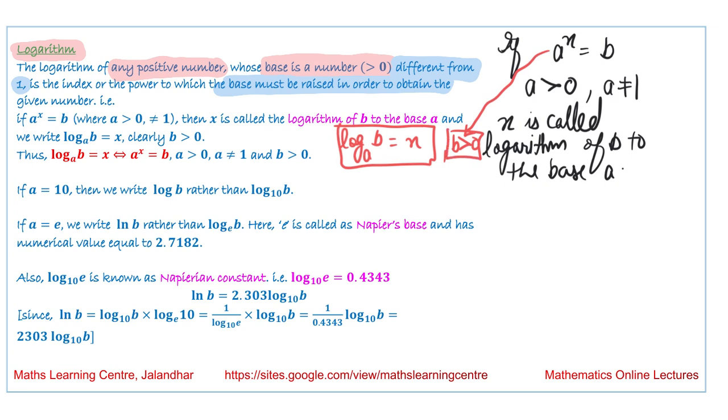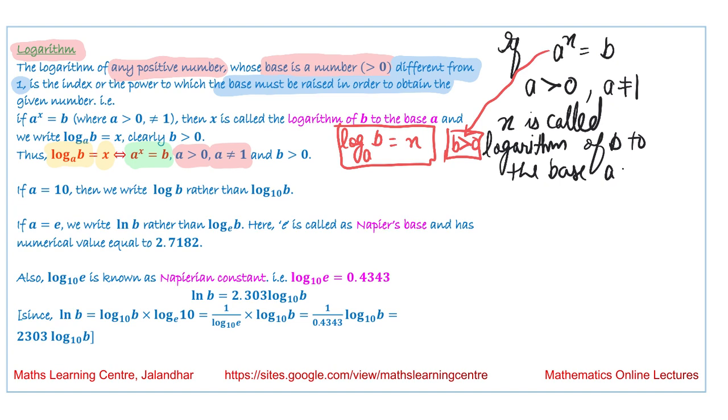So what we obtain from this is that log b to the base a is equal to x. This implies, and is implied by, a raised to the power x is equal to b. Both these statements are equivalent, and the conditions we have over here are a is greater than 0, a is not equal to 1.